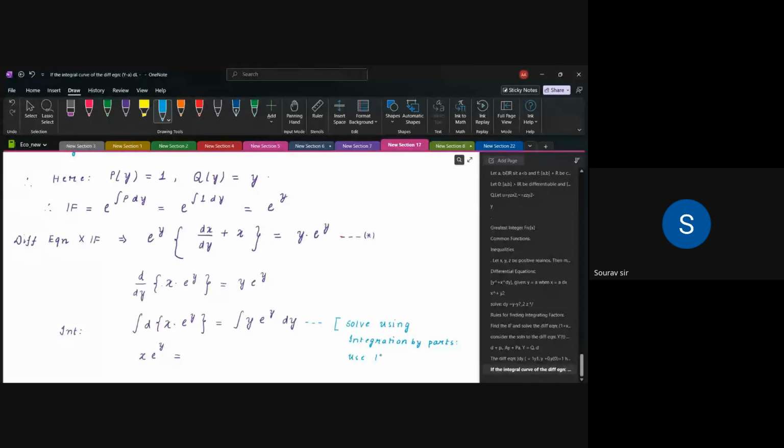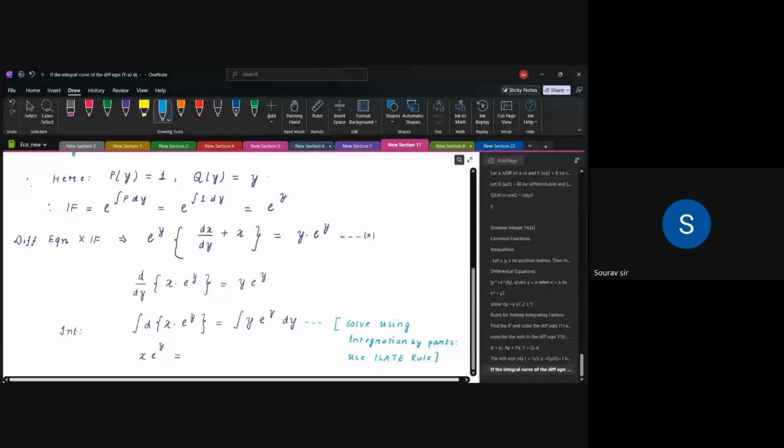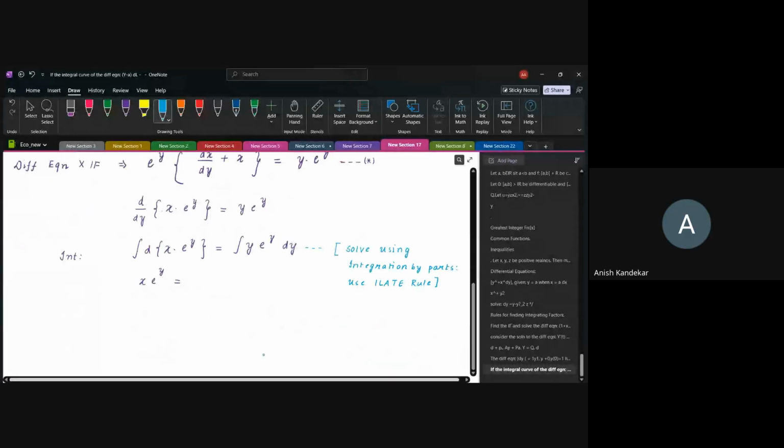You need to use the ILATE rule. So does anybody remember the full form of ILATE over here? What did this short form represent? Inverse trigonometric, logarithmic, algebraic, trigonometric, exponential. Right? Yes. So these are basically the short form of each kind of function.